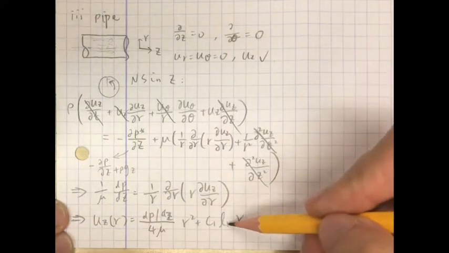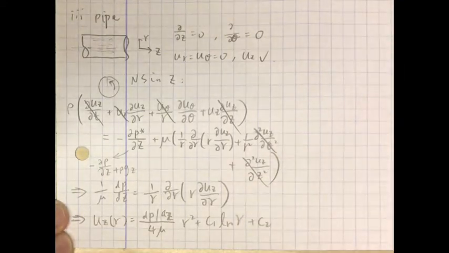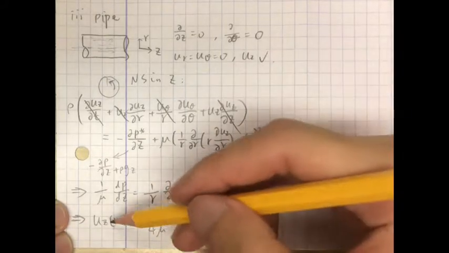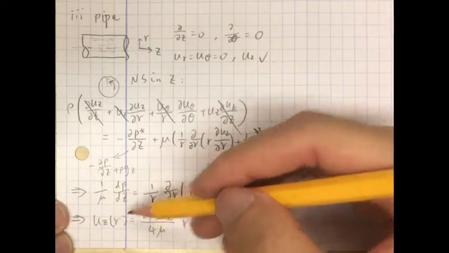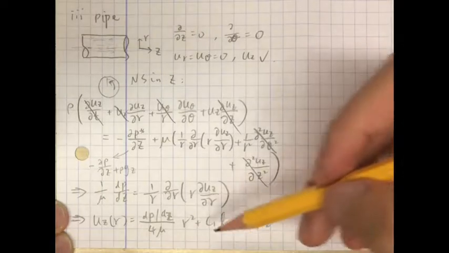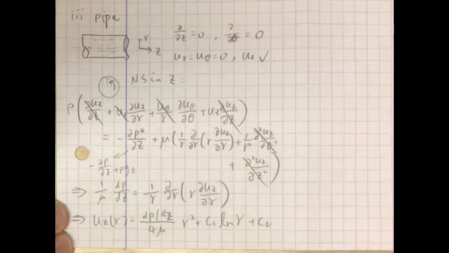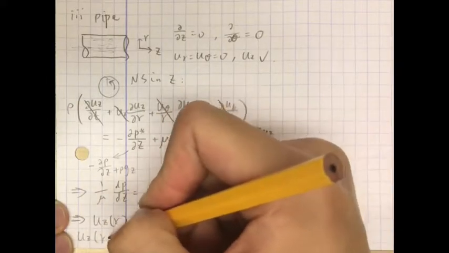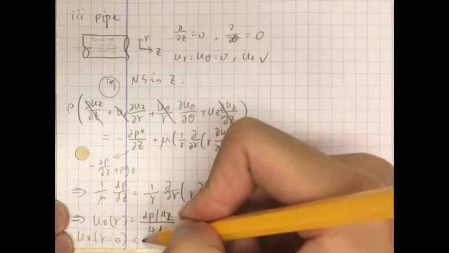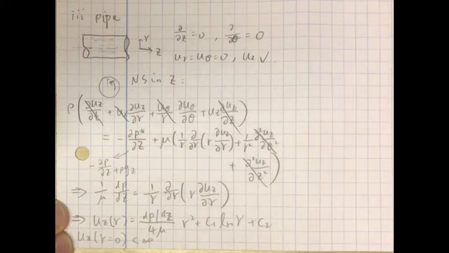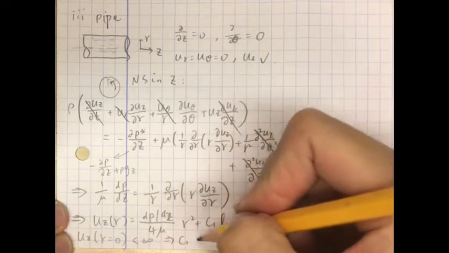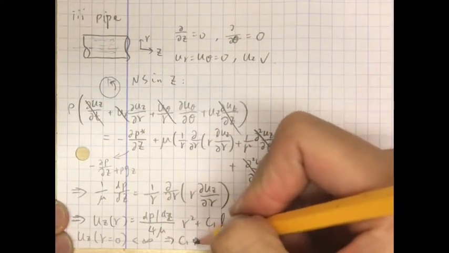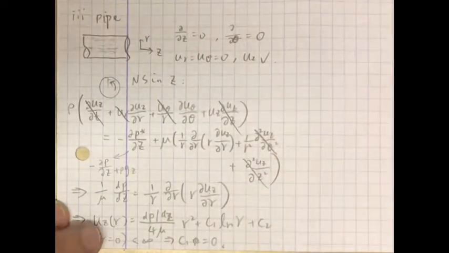But we know ln 0 does not exist, right? So in order for the velocity at r equals 0 to exist, c1 has to equal 0. This thing, uz at r equals 0, must be finite, right? So we cannot have c1. c1 must be 0.